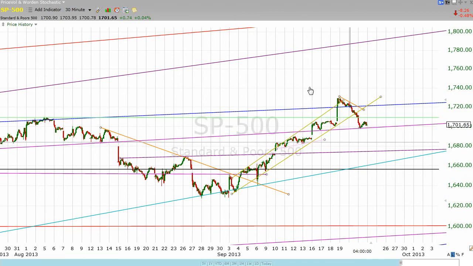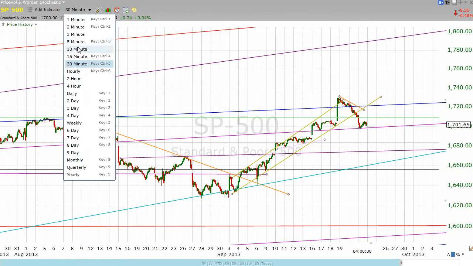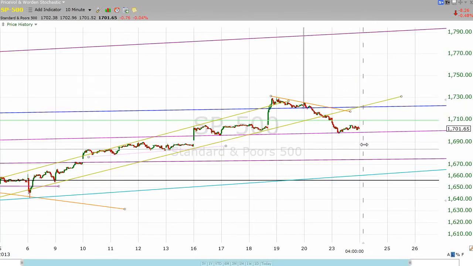So we come down to this extended line and we put the brakes on, and then we start this little rally up. Now, the little move up is not that impressive. We just kind of bounced a little bit, then we started to sag again later in the day.